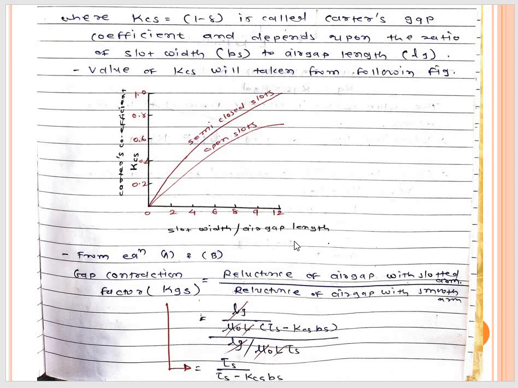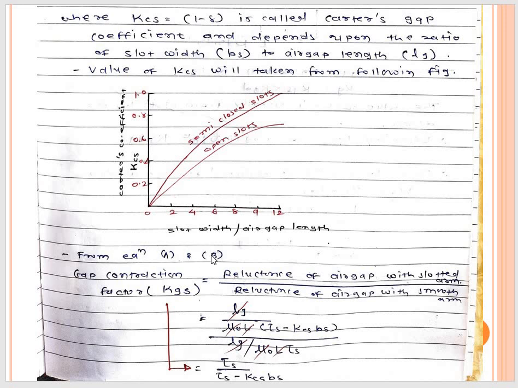So first of all we have to find the slot width divided by the air gap length, then put this value in the graph and simply find the value of KCS, Carter's coefficient, for the slot. This curve is for the open slot, and this is for the semi-closed slot. We can see that for the open slot the value of Carter's coefficient is less, and for the semi-closed slot the value of Carter's coefficient is higher.